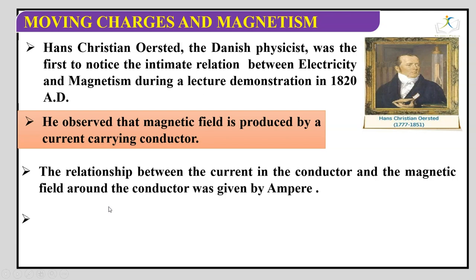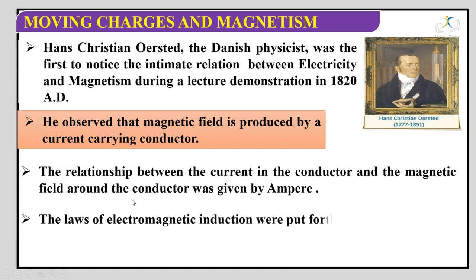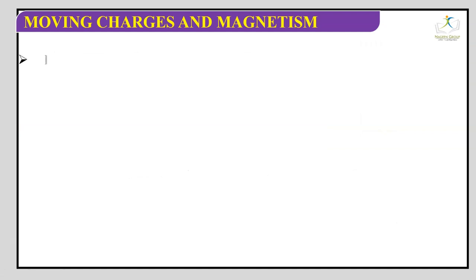Now moving ahead, the relationship between the current in the conductor and the magnetic field around the conductor was given by Ampere. The laws of electromagnetic induction were put forth by Michael Faraday. He is a very great scientist who gave the idea of how magnetic fields come in nature.